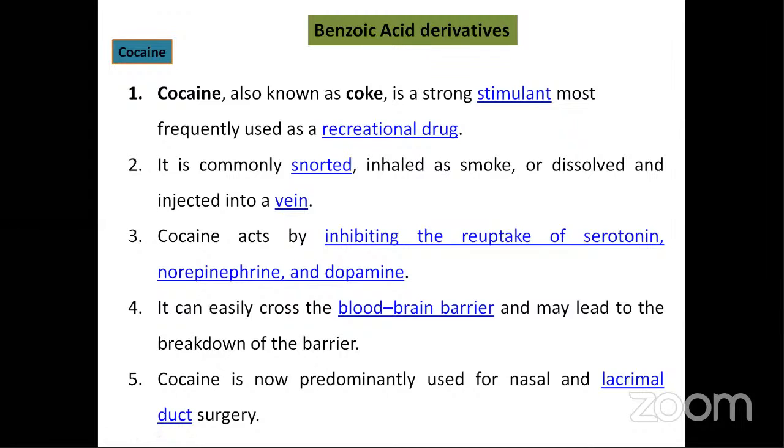So how are they acting? They act by inhibiting the reuptake of serotonin, norepinephrine, and dopamine. These are called neurotransmitters. Since the reuptake is inhibited, neurotransmission will be inhibited. If neurotransmission is inhibited, there is no nerve impulse.